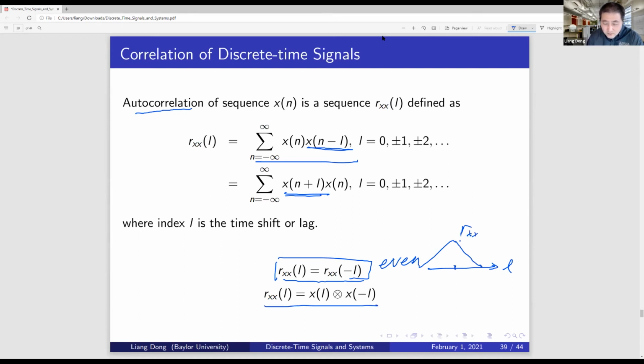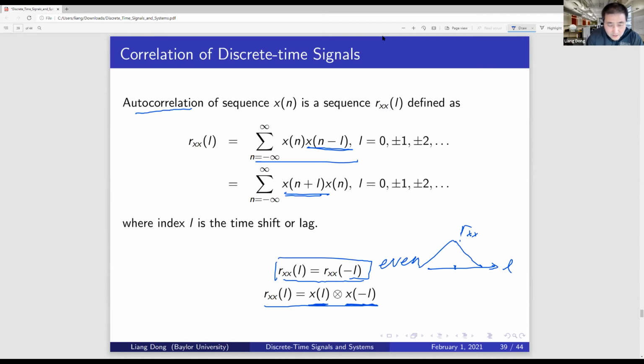The second property is also true: the autocorrelation is a convolution of my X of L with X of negative L. Of course, because in convolution you take the second term, do a time reversal, and align it with yourself. So autocorrelation is the signal aligned with myself, with just a time shift, or lag.